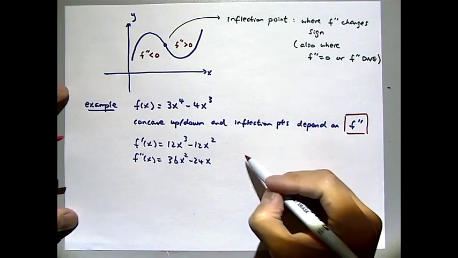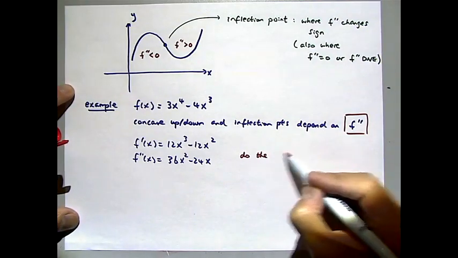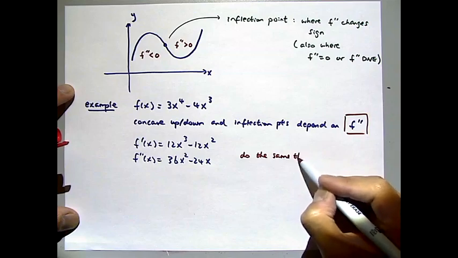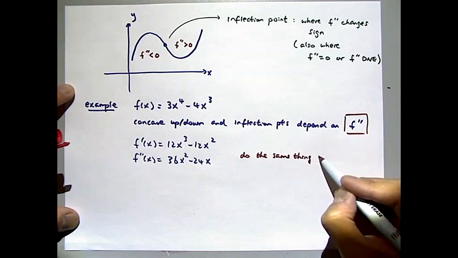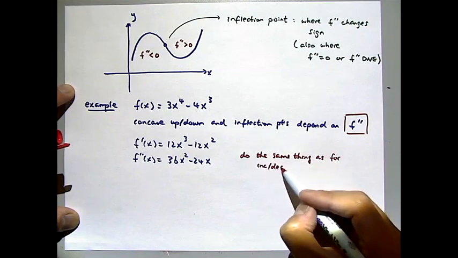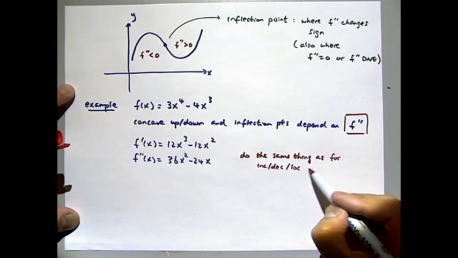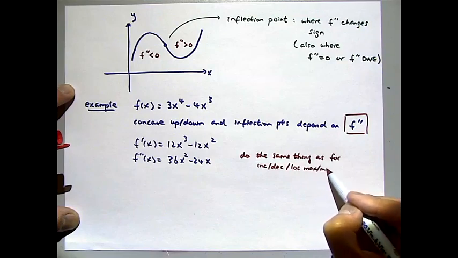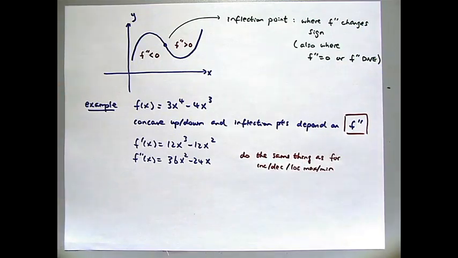And from this point on, you do the same thing as if you're finding the increasing, decreasing, local max, min. The only thing different is now we're operating with the second derivative. We're looking for the sign of the second derivative where it might be 0, for example. So we use this function and duplicate everything we've been doing in the last few examples.